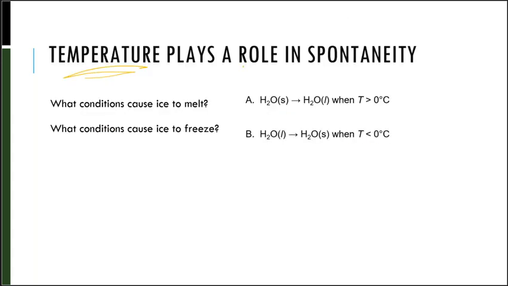Temperature plays a role in spontaneity. What condition causes ice to melt? Well, for my solid water to turn to liquid water, which is melting, I need temperature to be greater than its freezing point. So temperature is important here. What about if I need ice to freeze?